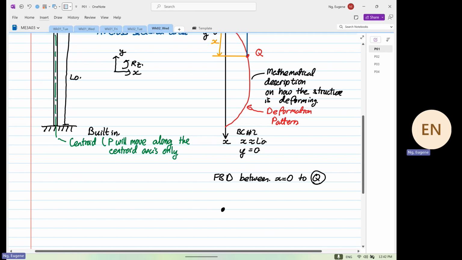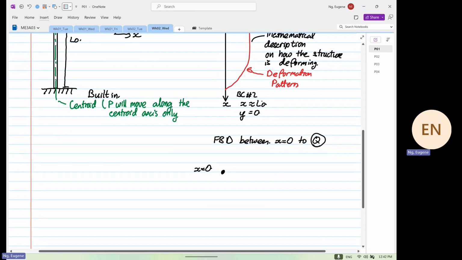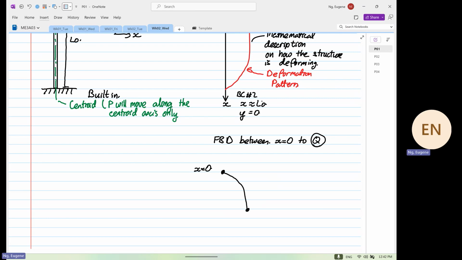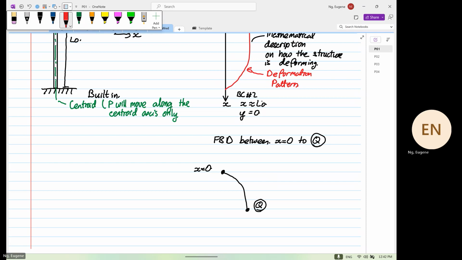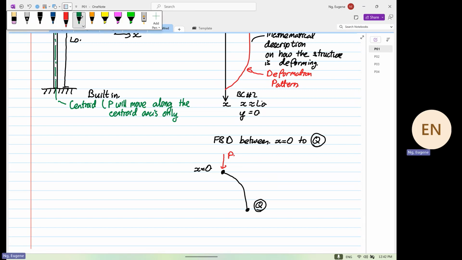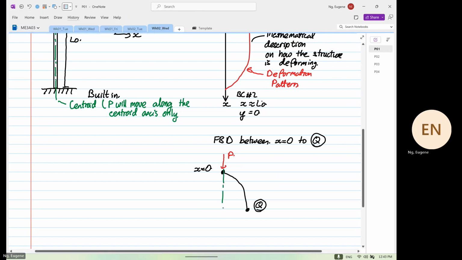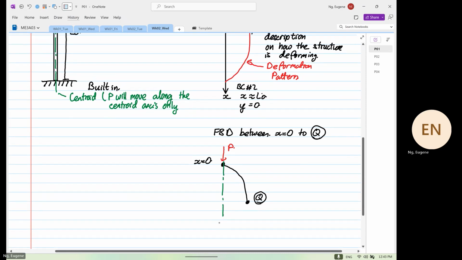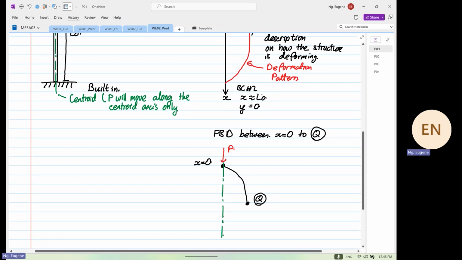This dot over here is where x is equal to 0, and at a certain distance over here is our point Q. When x is equal to 0, we have a load coming down as P. I'm going to now sketch a line representing the centroid. Okay, this is our centroid now.